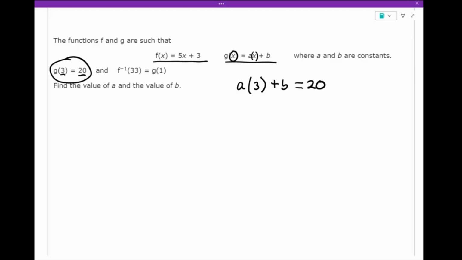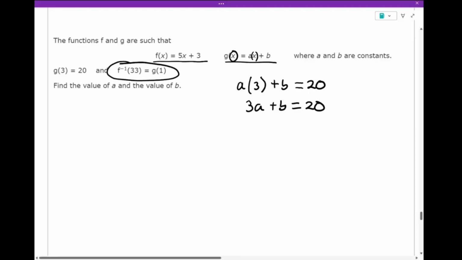Let's simplify my equation. a times 3 is 3a. So 3a plus b is equal to 20. So I have an equation linking a and b together. However, because there are two unknowns in that equation, I'm not going to be able to figure out a and b just by using it. We're going to need another equation. So we are going to have to use this other bit of information over here: the inverse f of 33 is equal to g of 1.